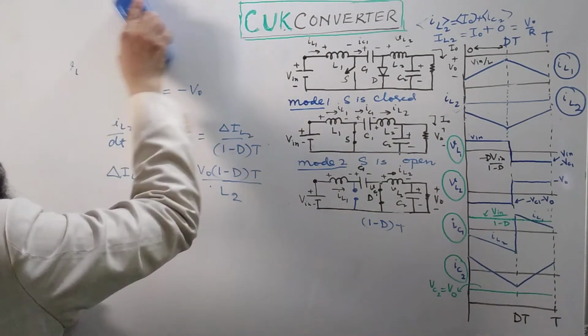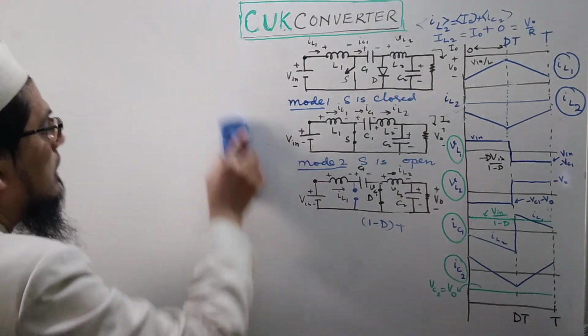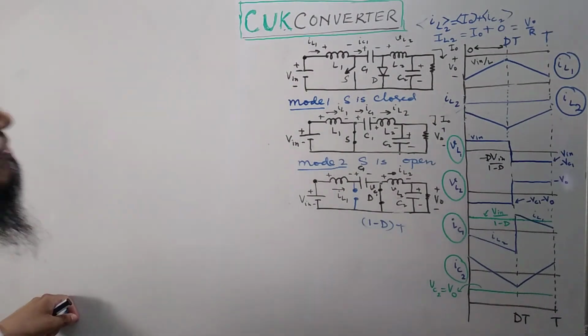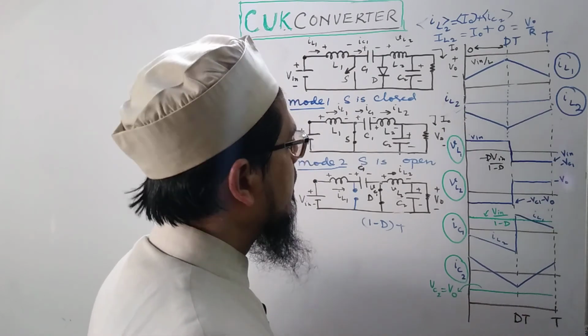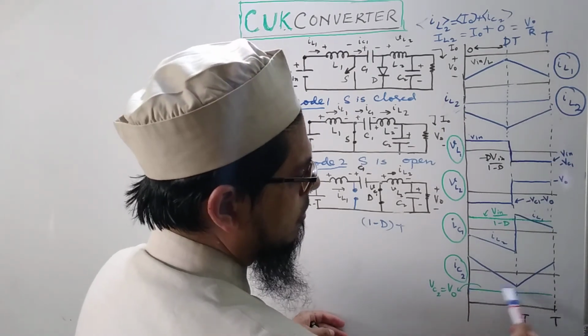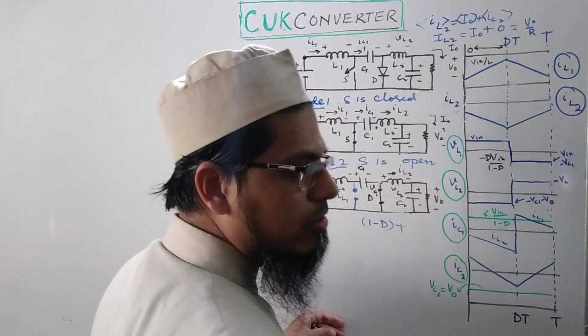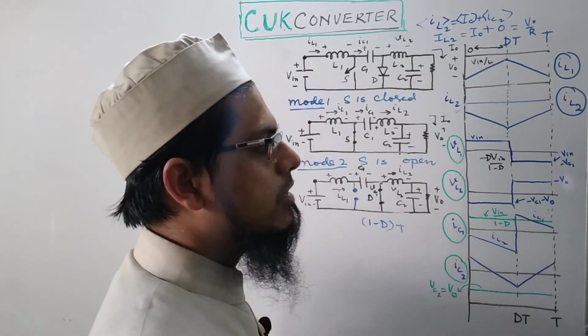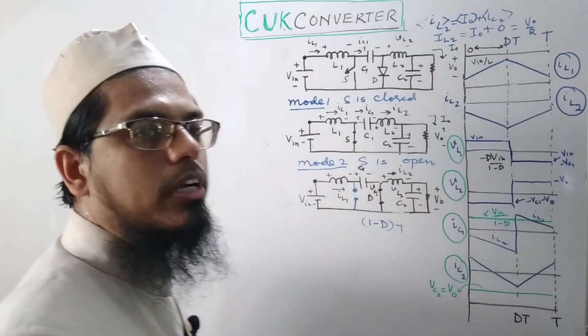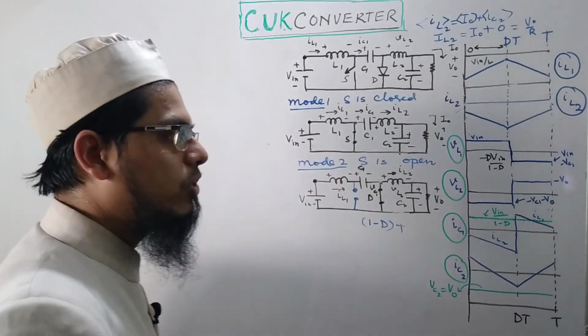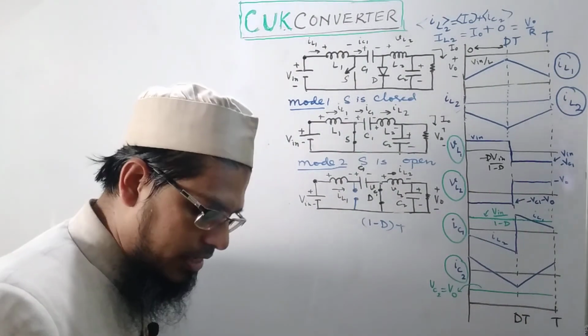Now let us try to find out the ripple in voltage. You will ask why there would be a ripple in the capacitor voltage, as I have shown straight lines which are constant. Actually this is with the assumption that the output voltage is constant and has no ripple, but that's not true. In an actual converter there would be some ripple.